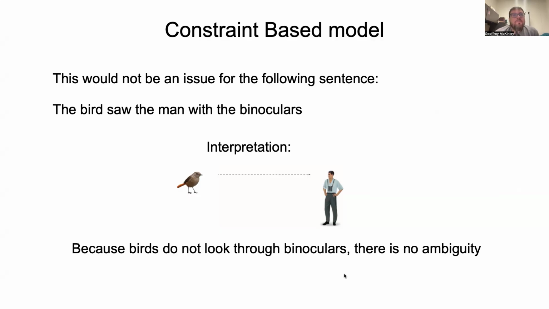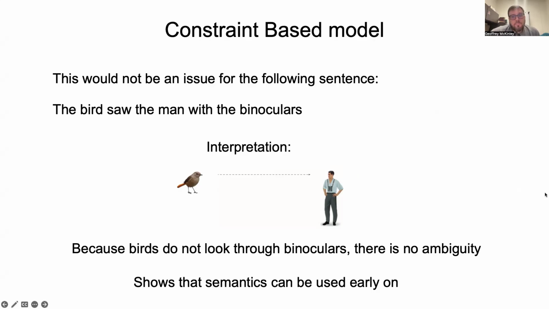The point is that the subject of the sentence can influence how you parse the sentence, and as a result, it strongly suggests that we are using our semantics early on in syntactic processing or sentence interpretation.